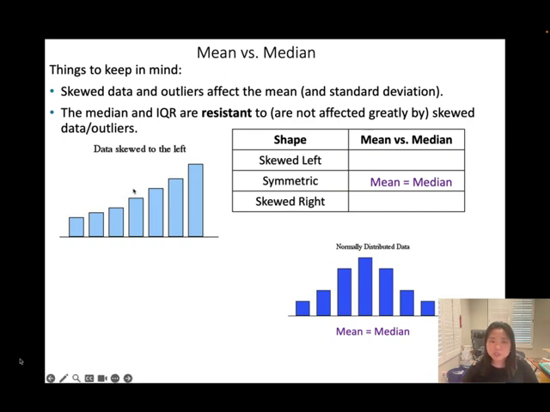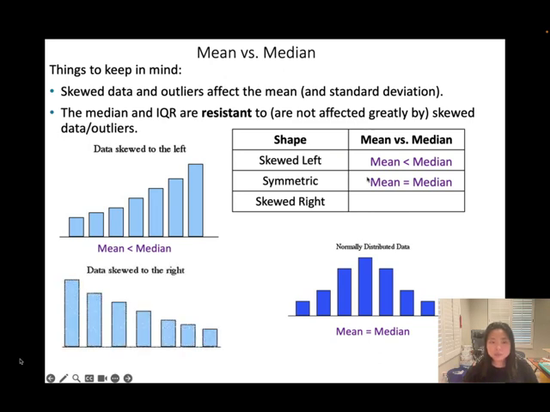When you have skewed data, the median should be close to the typical value somewhere like this. The mean is pulled toward the tail. So when I look at this picture, I would say the mean is somewhere like here. The median should be close to the typical value. So the mean will be less than the median.